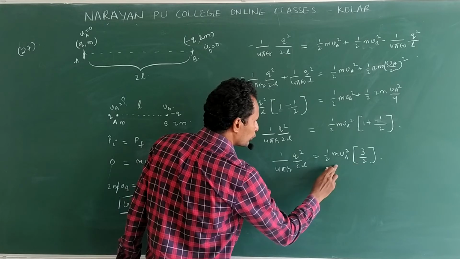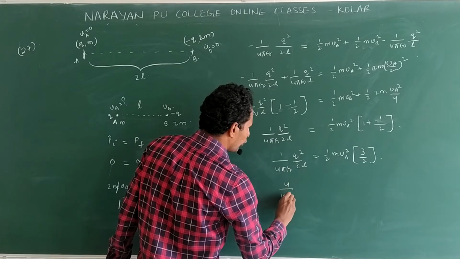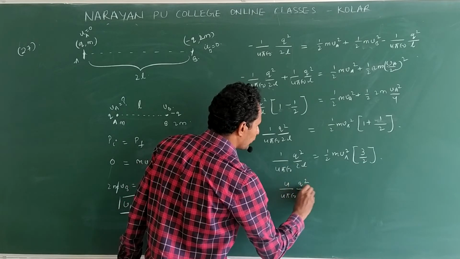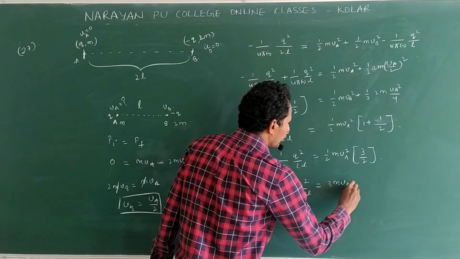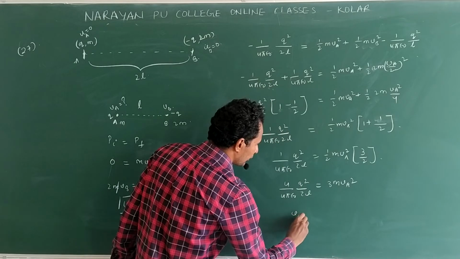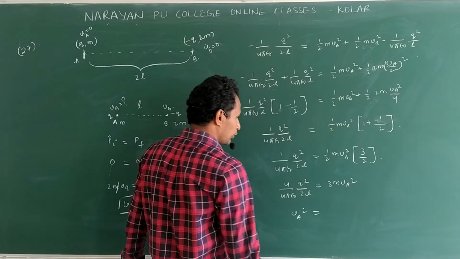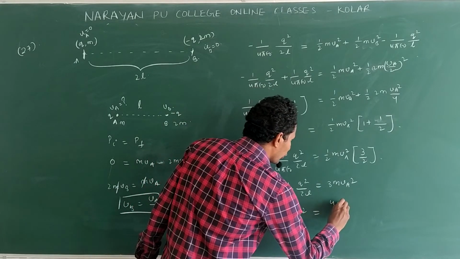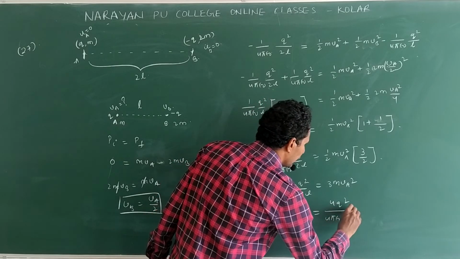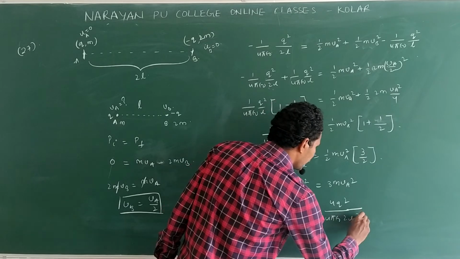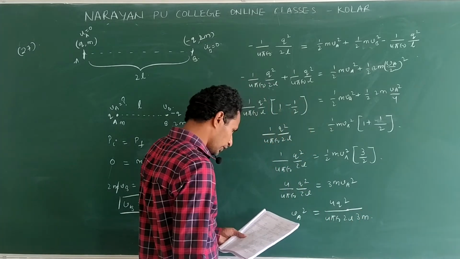Now this 2 to 4 comes this side: 4 pi epsilon naught q square by 2l is equal to 3m Va square. Now I am making Va square the subject: Va square is equal to 4q square by 4 pi epsilon naught 2l into 3m, which is 6m.